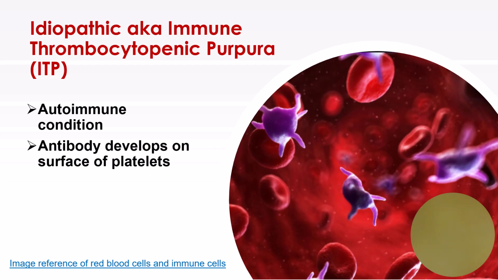The client's clotting ability will definitely be disrupted because of this issue. ITP can be acute or chronic. The chronic issues will be more common in the adult. It is most common in women that are 20 to 50 years of age and among people that have other autoimmune diseases.